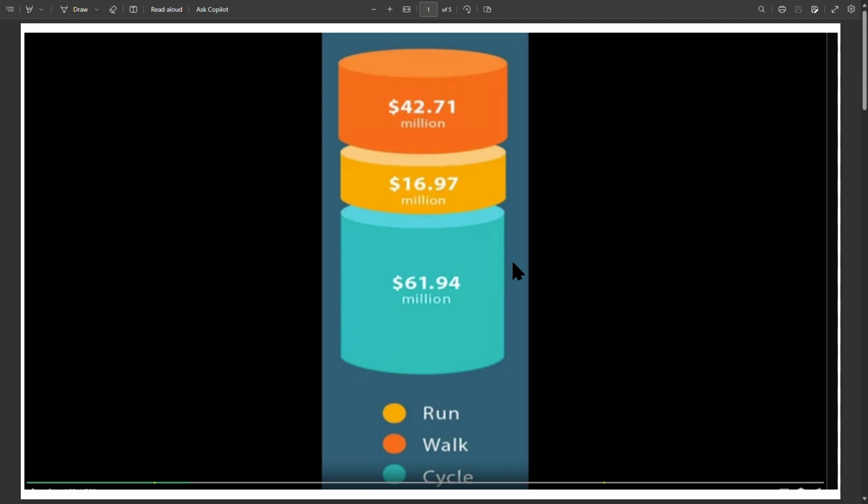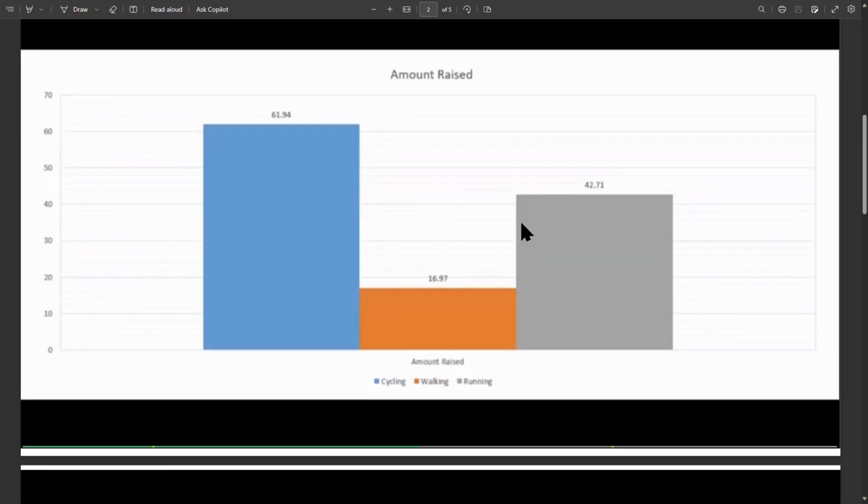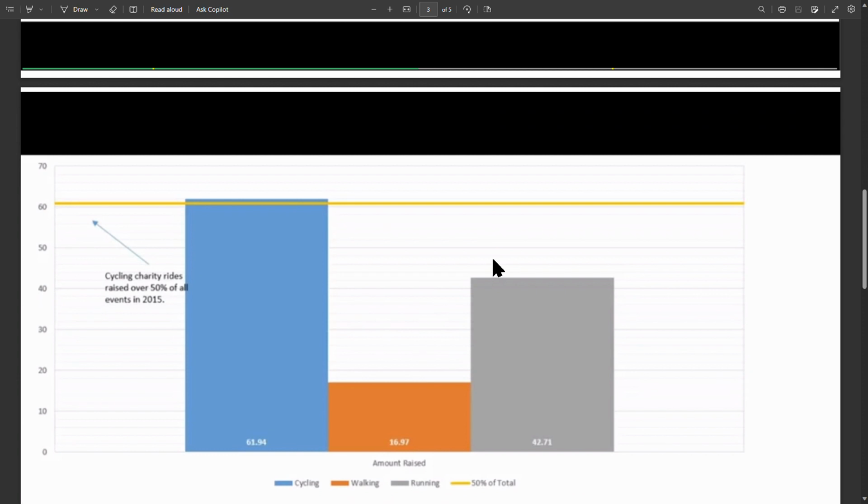It also had some flaws, as it did not depict all the information correctly. We tried to change that using a bar graph, which was simpler and easier to read. We also added an annotation on the graph to make it even easier for the reader to read without doing any math.